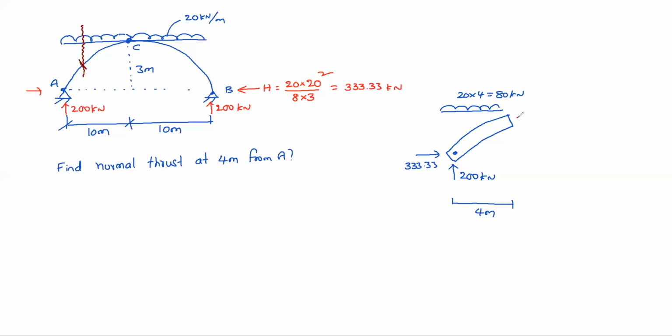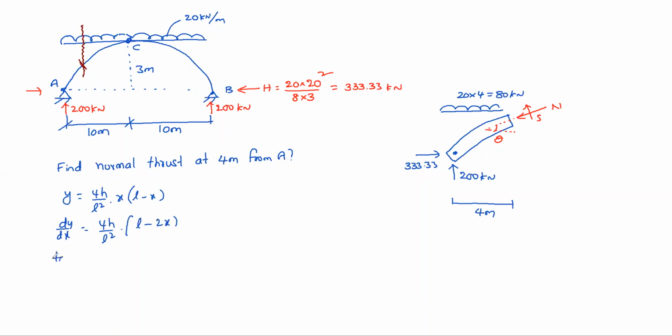Now here, suppose this is N, suppose this is S. Theta also, of course, we need to find. First thing we need to find theta. You know y equal to 4h by L square into x into L minus x, dy by dx equal to 4h by L square into L minus 2x.